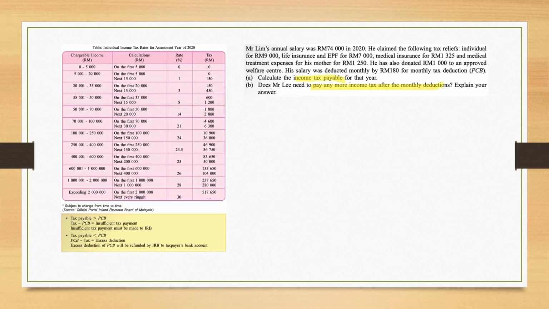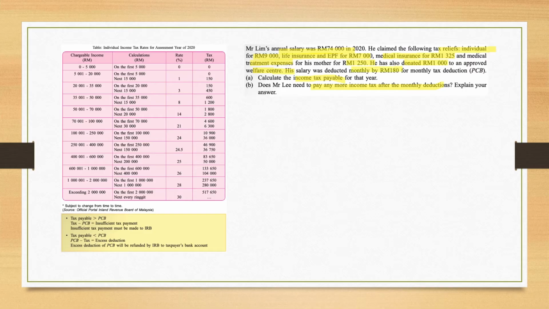Let me just do this. Tax relief, individual 9,000, life insurance, EPF 7,000, medical insurance 1,325, medical treatment expenses 12,350 ringgit, donation your tax exemption of 1,000 ringgit to approved wellness center, and monthly deduction of 180 ringgit.